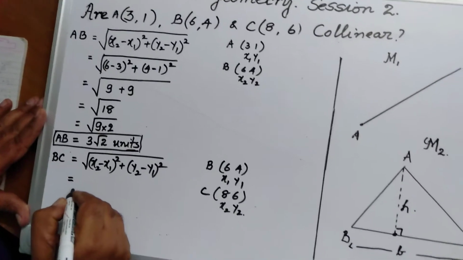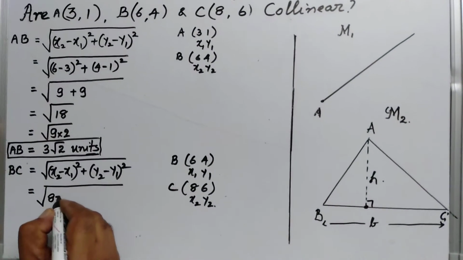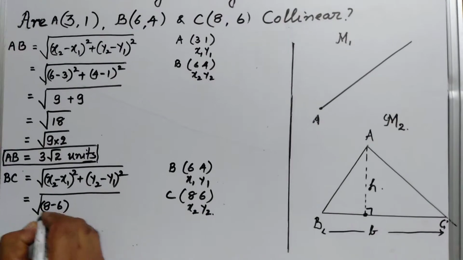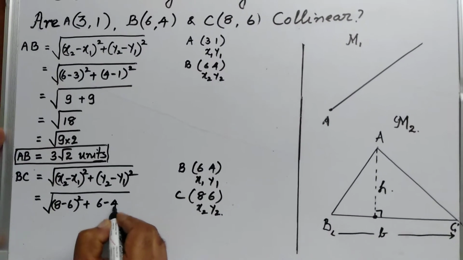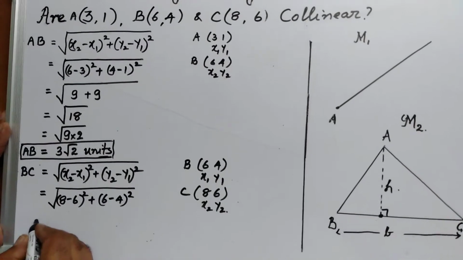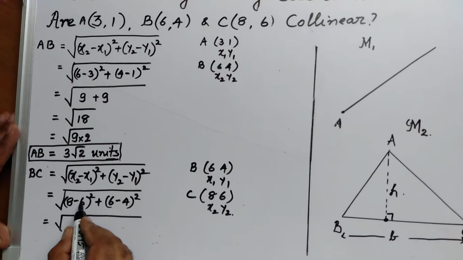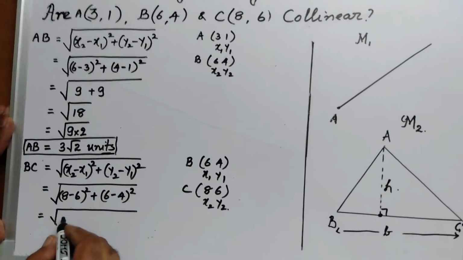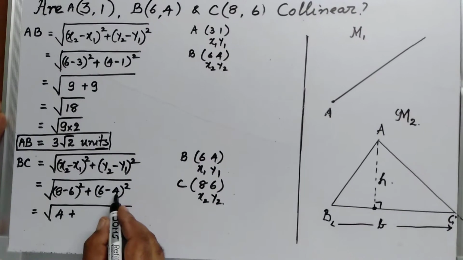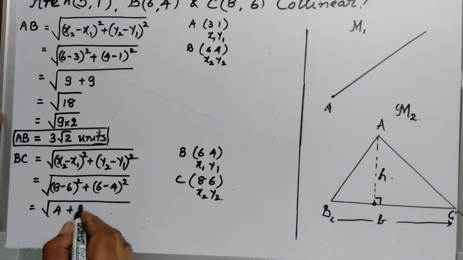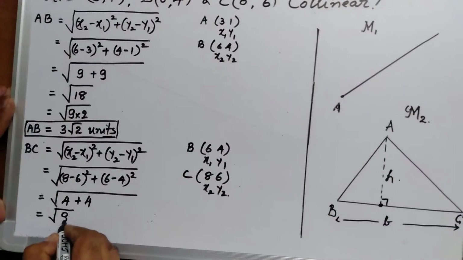Now if I substitute, root of (8 minus 6) whole square plus (6 minus 4) whole square, that is root of 2 whole square, which is 4, plus 2 whole square, which is 4. That is equal to root of 8.